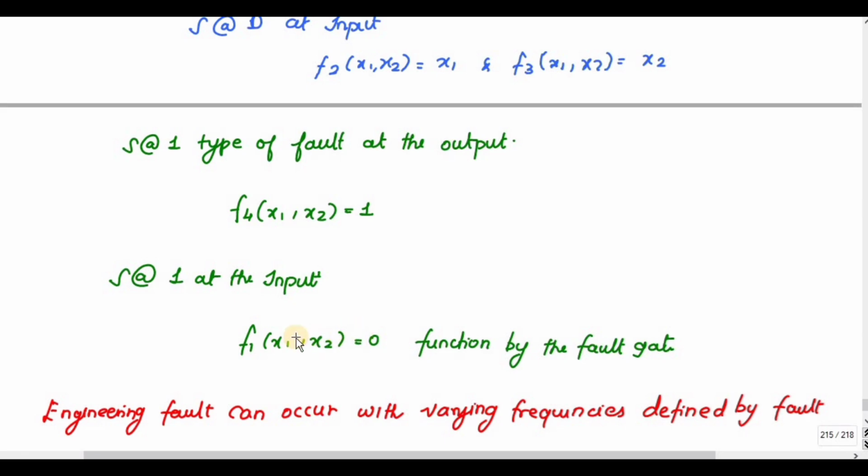So you will realize f1(x1, x2) = 0. If x2 is stuck at 1, here also anything plus 1 is 1, and the inverse of that is 0. So you will realize only the faulty function f1(x1, x2) = 0 for the faulty gate.